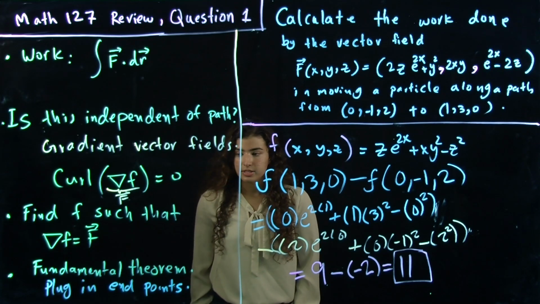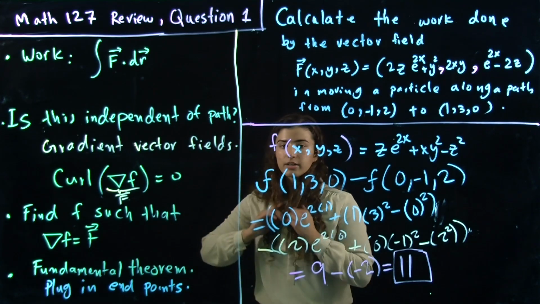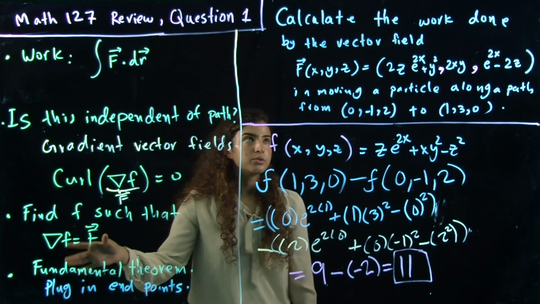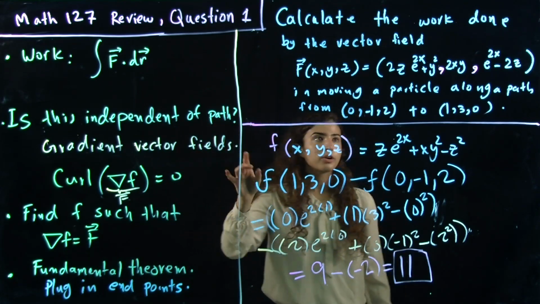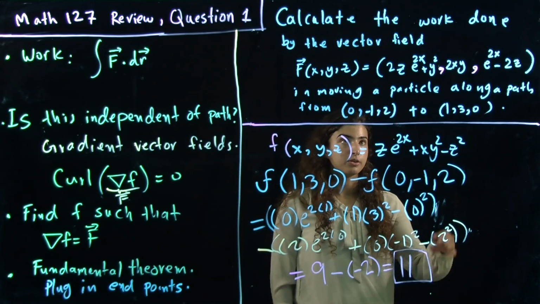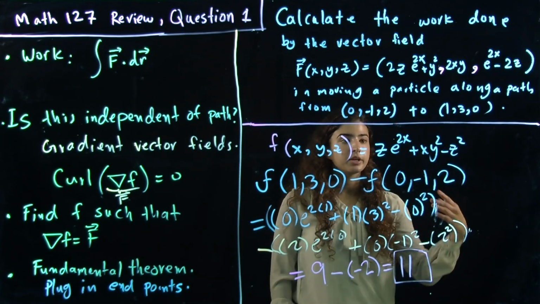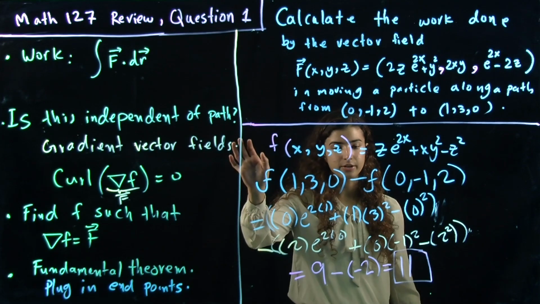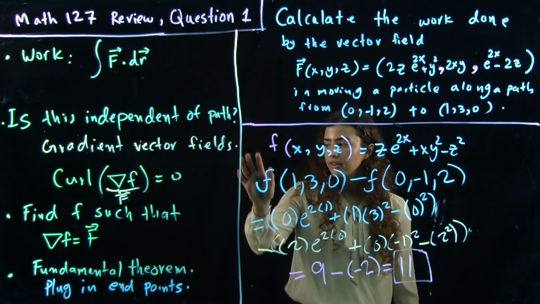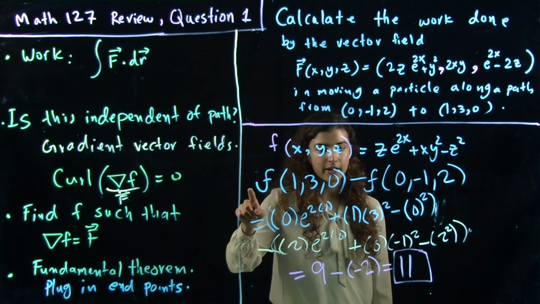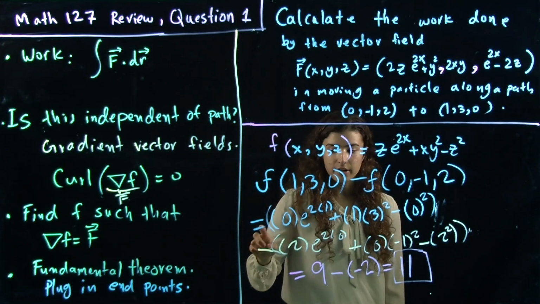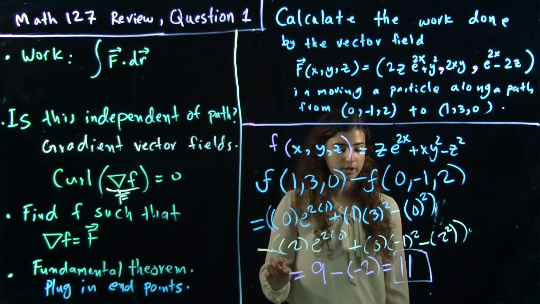And so we found a scalar function such that the gradient of that scalar function is equal to the vector field that was given. And so once we did that, we found the partial integral with respect to each component, and then we compared and we found where it overlapped to find our scalar function. And once we had that, we could use the fundamental theorem of a line integral to plug in our final and initial points, and then doing that, we found the work that was done.